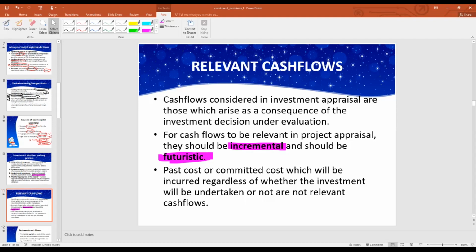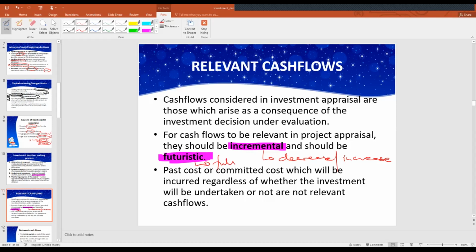Incremental is not always an increase; it's both increase and decrease, so it's not just increase as the name seems to suggest. It's a change in the current status. If there's no change in the current status, like the example of the employee who used to be paid even before, therefore it's not incremental at all, so it is irrelevant. It also needs to be occurring in the future.